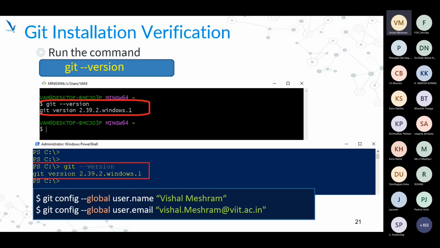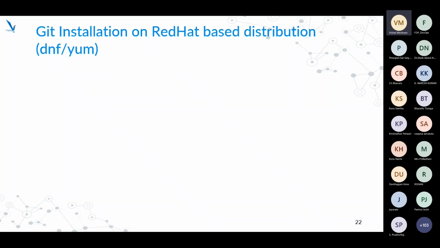So once Git installation is done, we give these two commands. So this is the way you install Git on your Windows operating system. If you are working on Debian or, let's say, Red Hat Linux, first we will discuss Red Hat Linux. You can use these two package manager commands, dnf or yum.